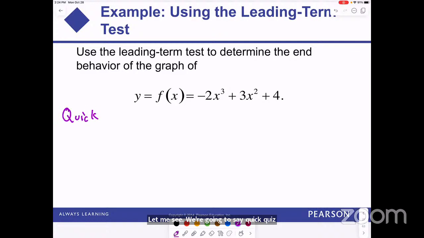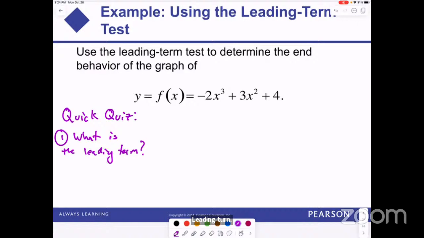Okay. So the first question: what is the leading term? Is it A, 3x squared? B, 4? Or C, negative 2x cubed?